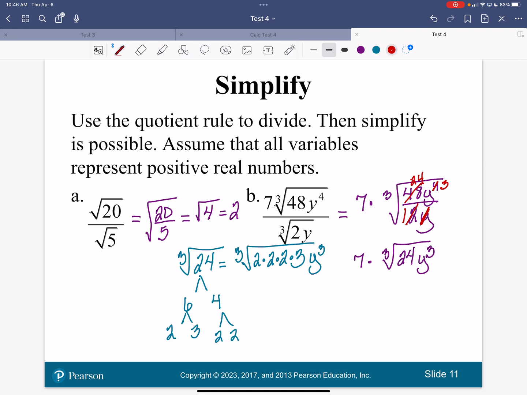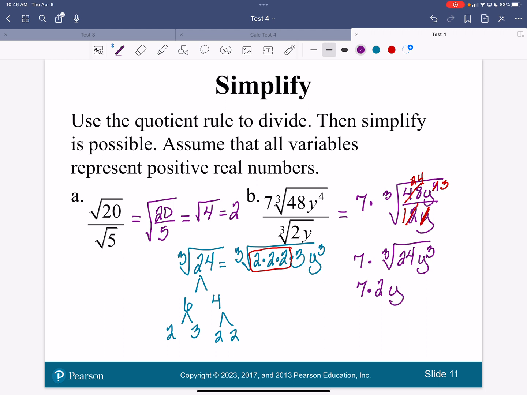Okay, do you see how I've got a set of 3 2s? So I'm going to pull one of them out. Don't forget this 7 that's here though. Okay, do you see how this 7 right here was in my original problem? So don't forget about that. Okay, so then I've got a set of 3 2s, so I'm going to pull a 2 out. What about this right here? What's the cubed root of y to the 3rd? Good.